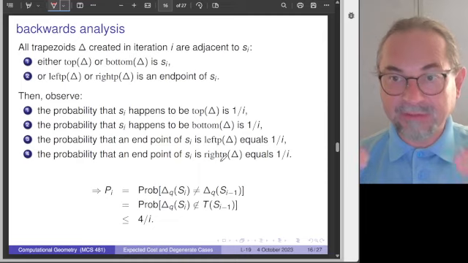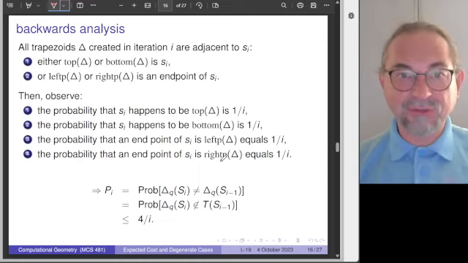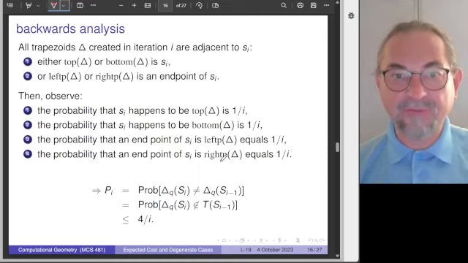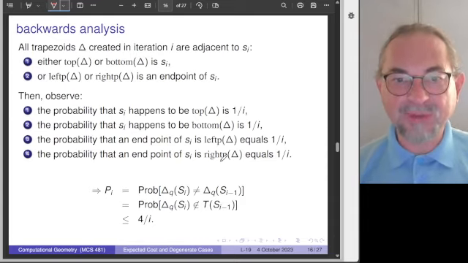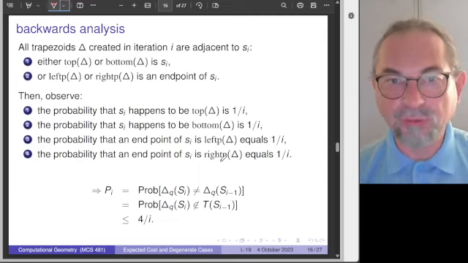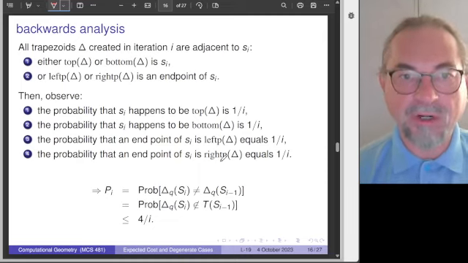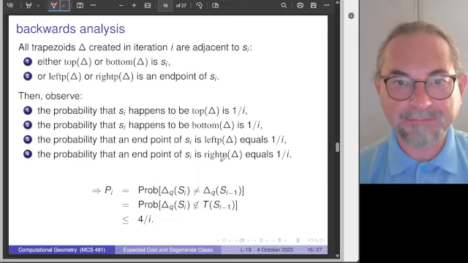That's one way, or it can also be related to the left or the right. So that's the alternative. So there are 4 different ways the number 4 can appear. This is the explanation for the number 4: the 4 different ways in which a segment can manifest itself in a new trapezoid. And it's either-or, so one of these 4 cases must happen.